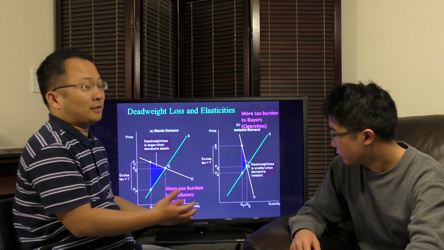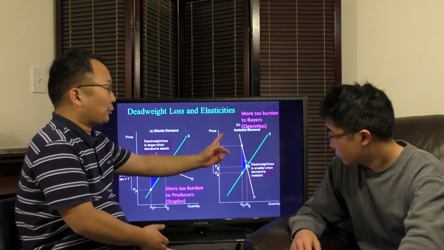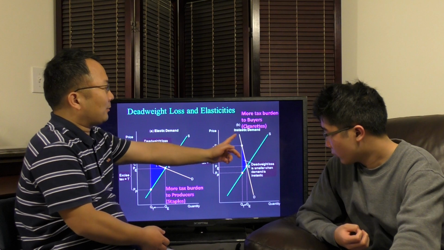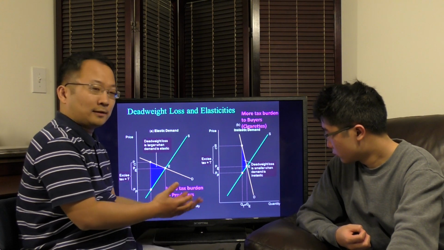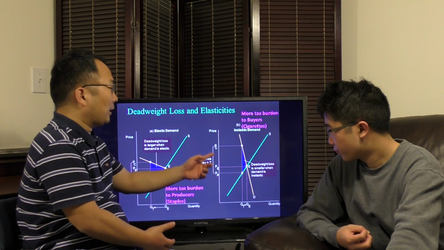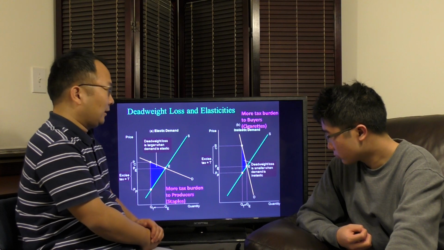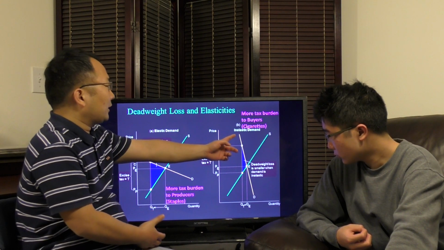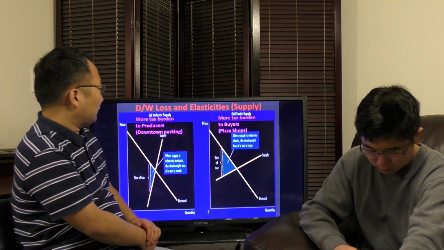They're still doing business, so even though the price goes higher, the inelastic, insensitive demand determines that they are still going to do business as usual. That's why they have to pay more of the burden of the increased excise tax.